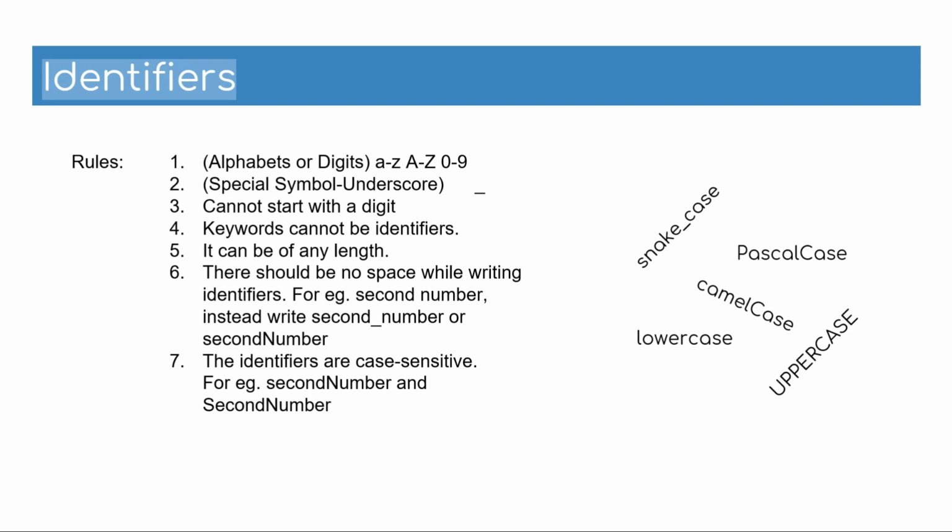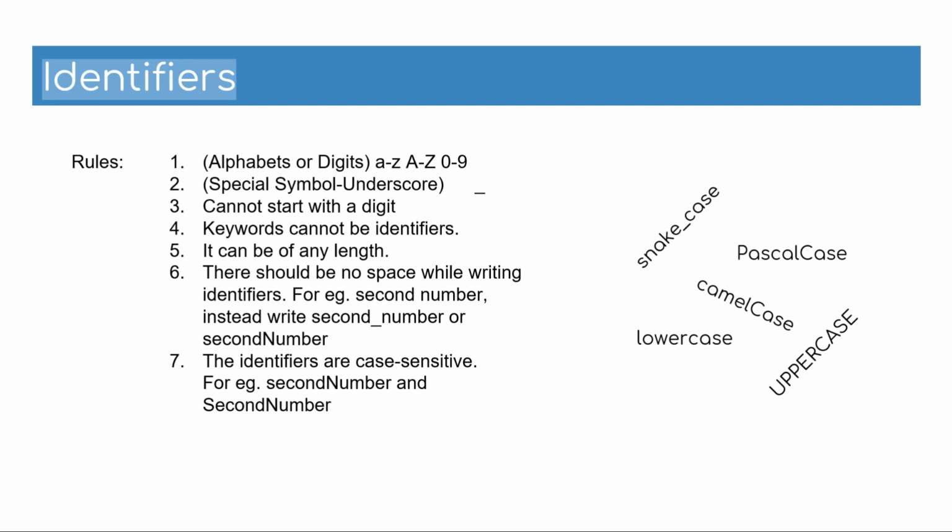That is, let us say second number is written with a space between them. So instead you should write second underscore number or secondNumber with a capital N. So in this case we are not providing any spaces. The last rule is identifiers are case sensitive. That is, if you write second number with a small s and second number with a capital S, they are both treated differently.